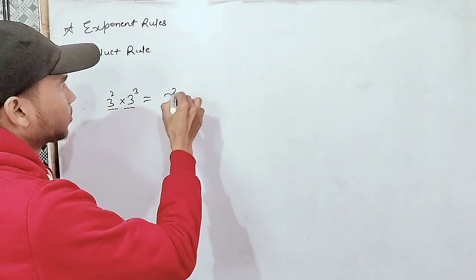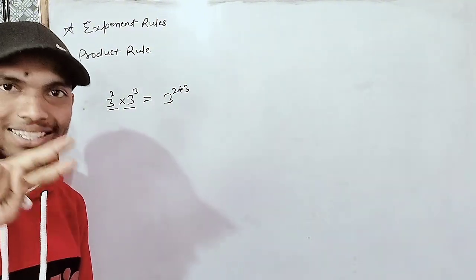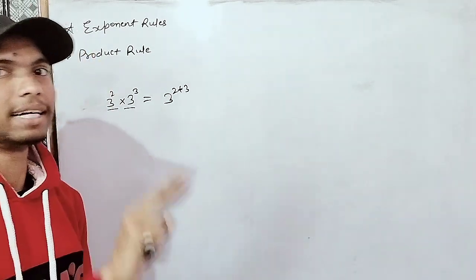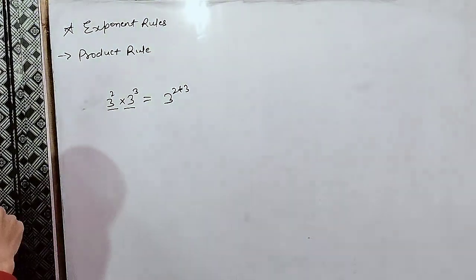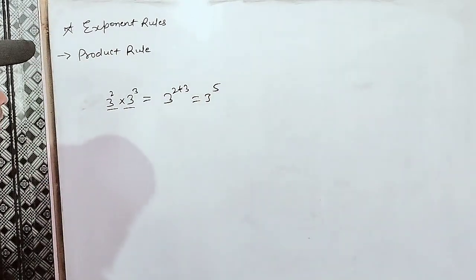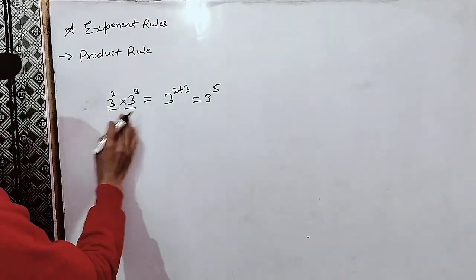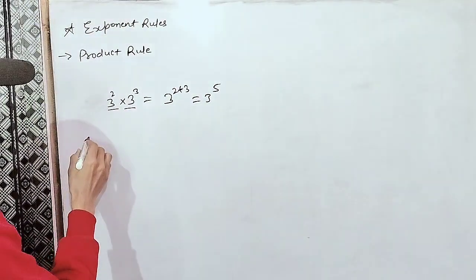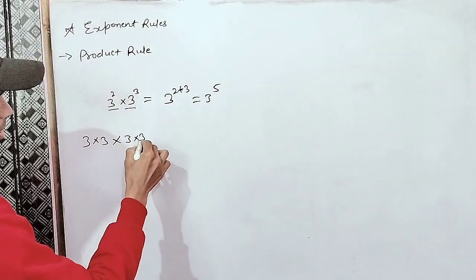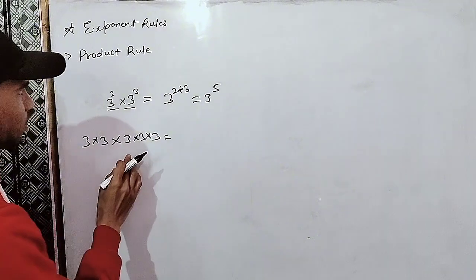If the base is the same, then the exponents of the base will be added together. So can we write it like that? Yeah. Does it make sense? You can write it like that: 3 to the power 2 times 3 to the power 3 will be equal to... So here we can see.